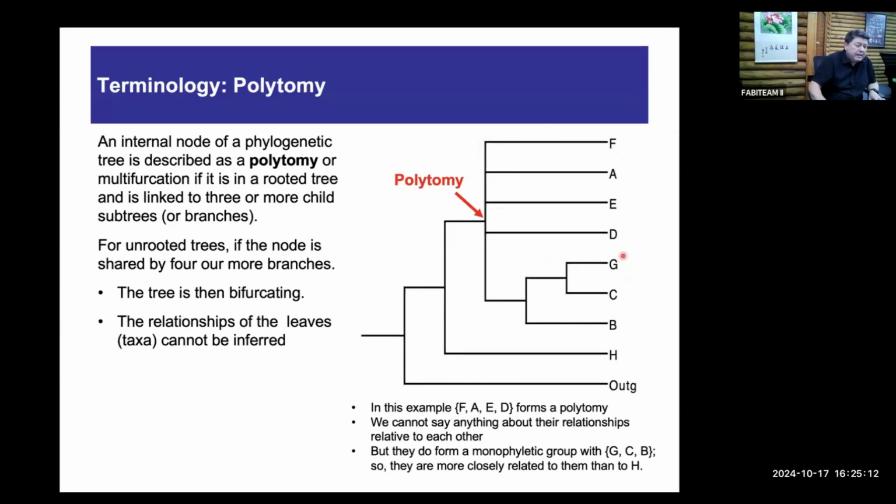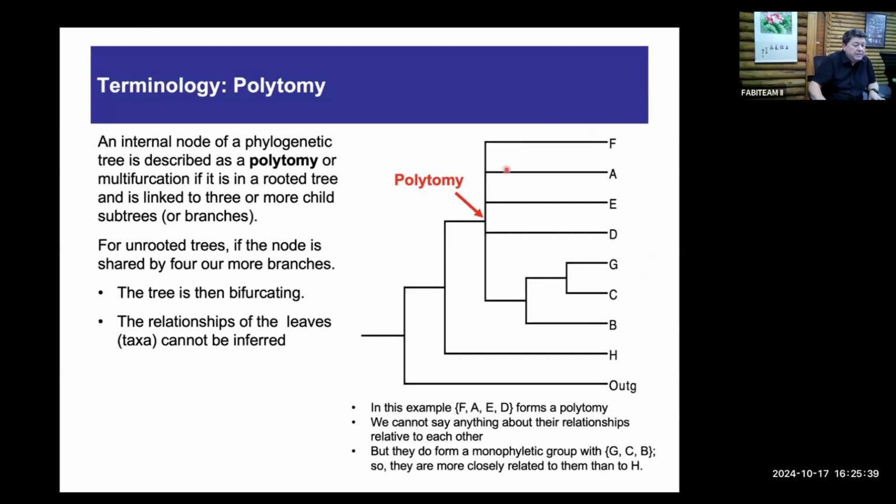But it's not like here where we have a bifurcation where we can see that G and C are more closely related to each other than B is to G or B to C. Here we cannot say anything about the phylogenetic relationship. We can, however, see that they share an ancestor.